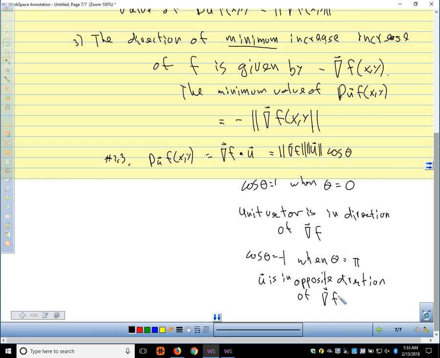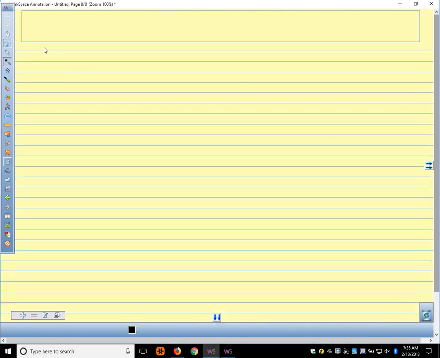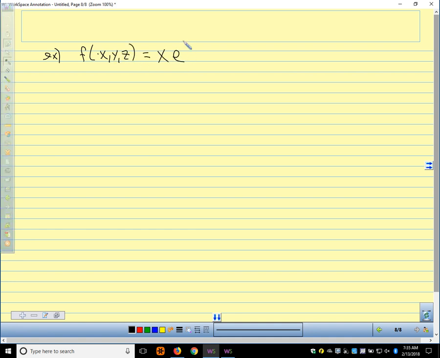All right, I have a question example, and then we will look at one more example. We won't have to do any calculations for this one. What if we are given f of x, y, z equals x e to the yz?